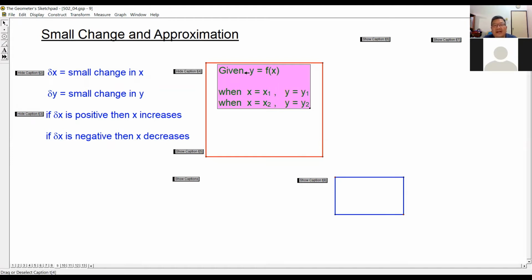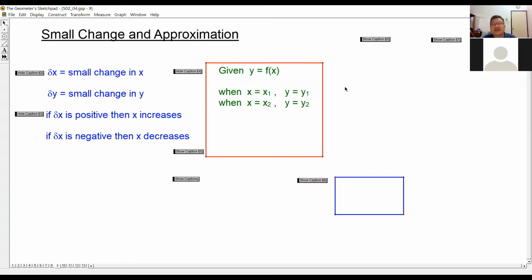Now, let's say we have a function y equals f(x). If I substitute x with a certain value, let's say x1, then I will have a corresponding value for y, and I call this corresponding value y1. So this x1 and y1, they are actually numbers.